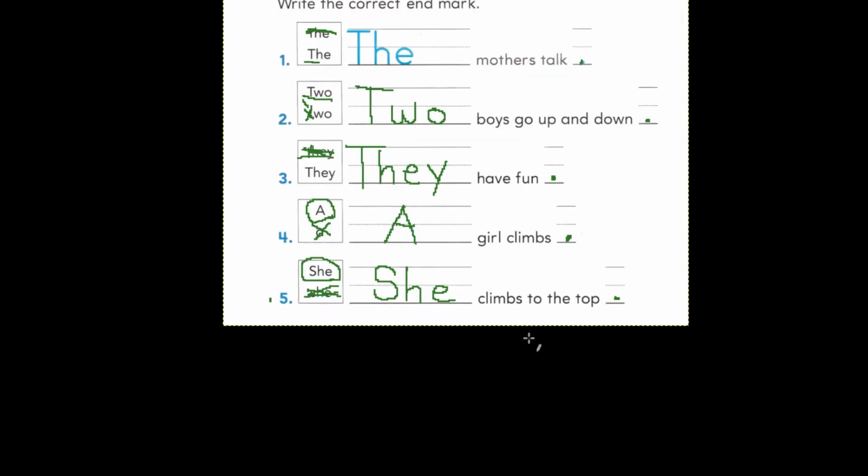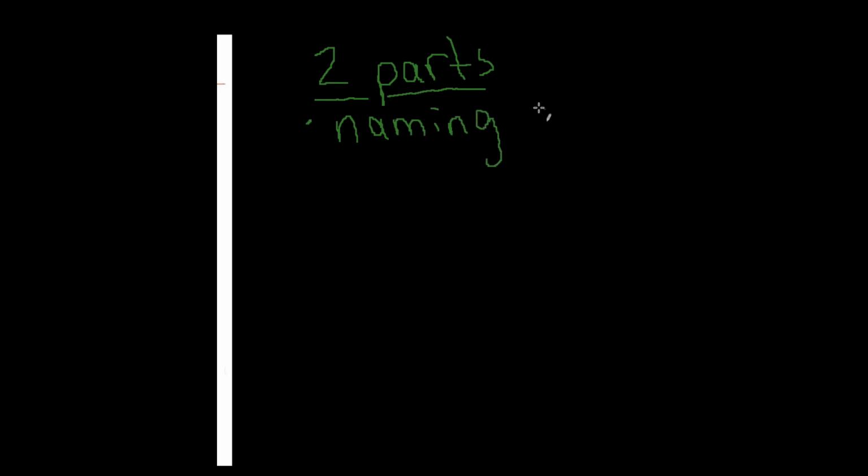So let's review, shall we? And I'll give us a little bit of space. I'll move over to the side. Okay, so let's review. We know, because we're masters at this already, that there are 2 parts of a sentence, and that's the naming part that we call the subject.